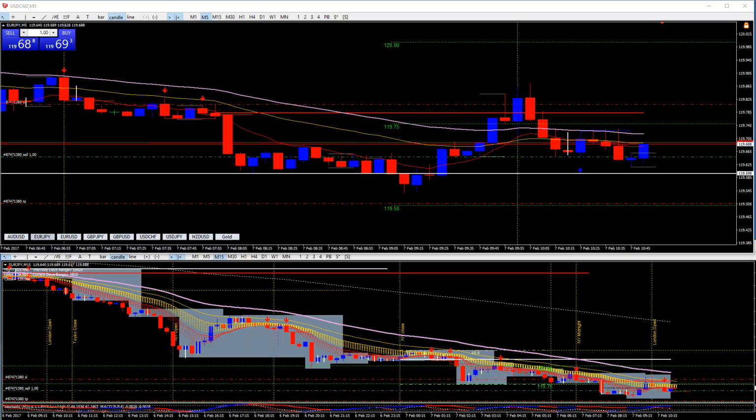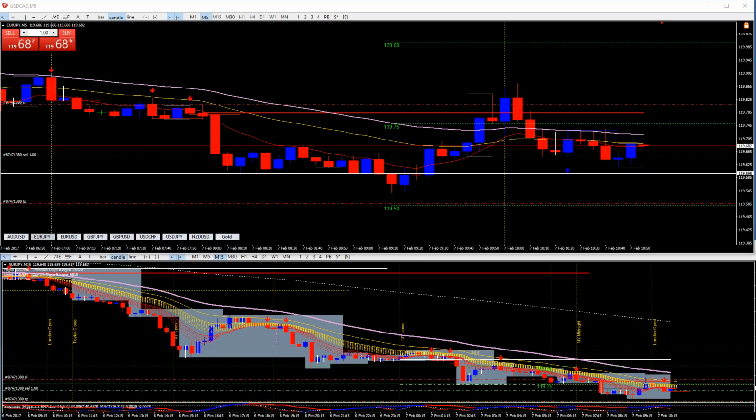Even though I have an emergency stop loss in place, I don't always allow it to go all the way to the stop loss, because I'll see if I've got consolidation or a breakout happening in the opposite direction. So I'll manage that trade in that sense.